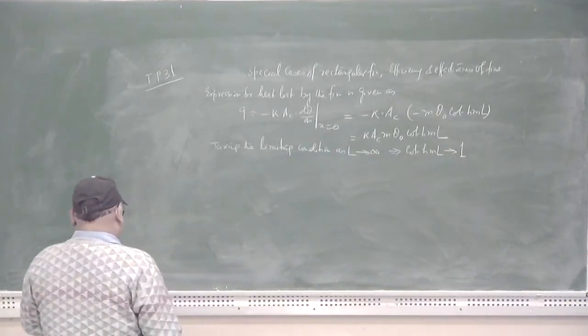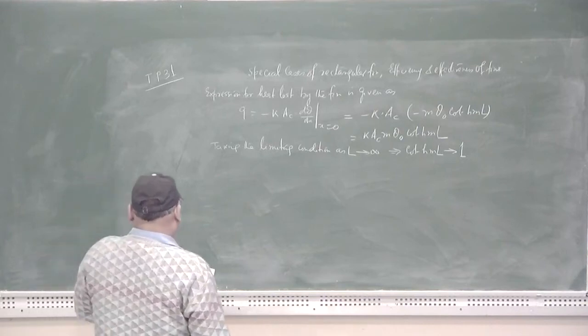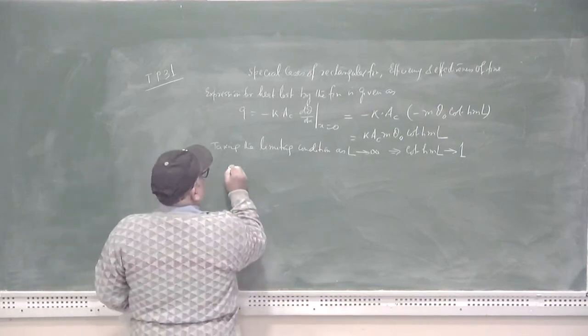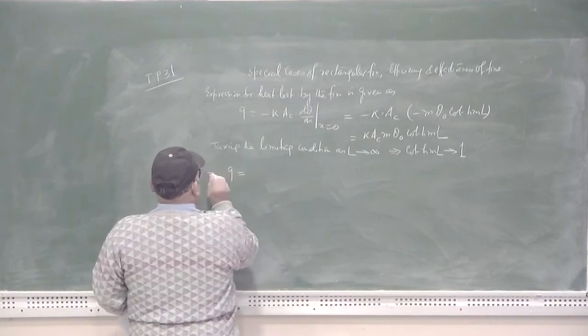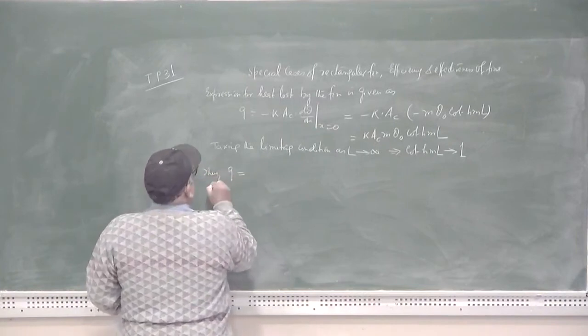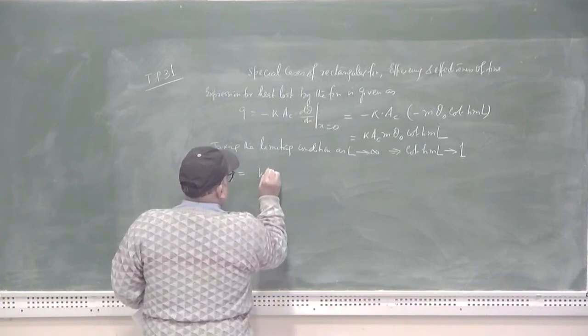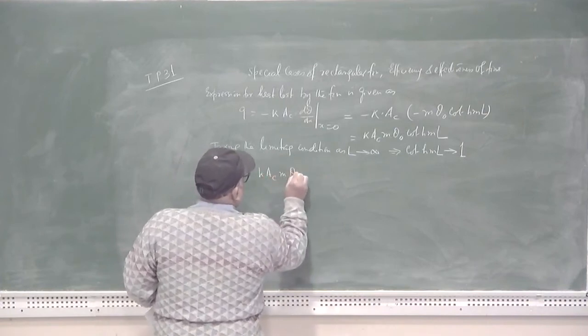So the expression for Q comes as, thus, Q is equal to K AC m theta 0.